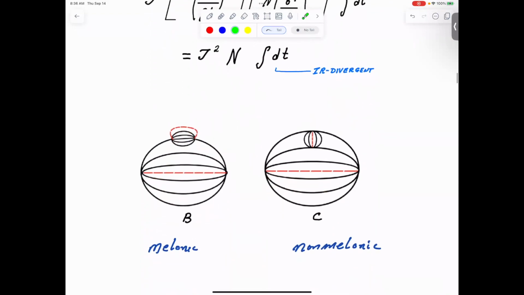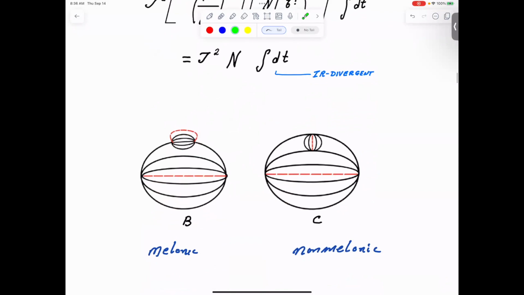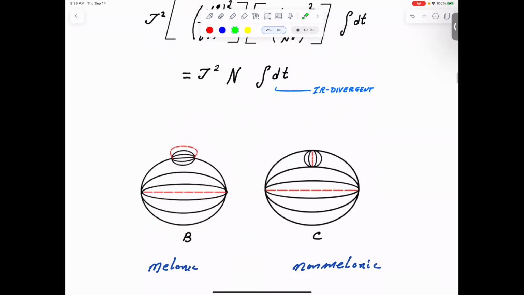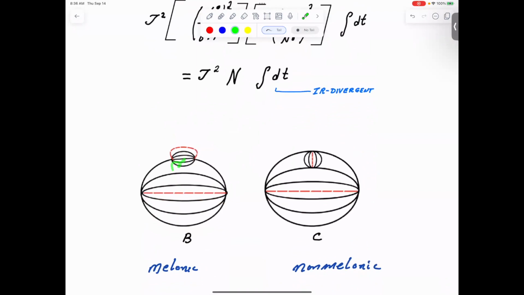Here's some more graphs. There's a subset of graphs which are called melonic. They're sort of leading graphs, leading contributions. This graph is melonic. Melon stands for melon, looks like a watermelon. This graph is non-melonic.